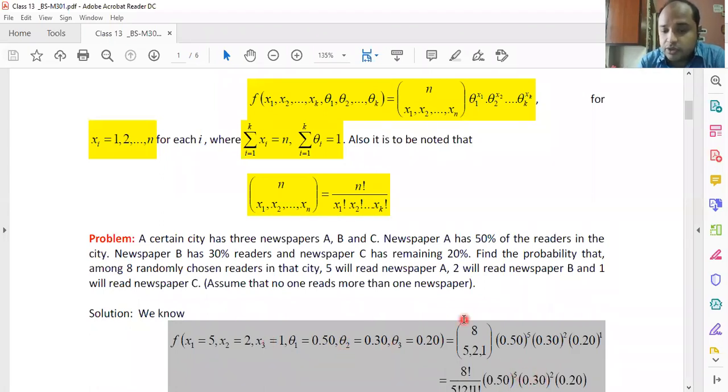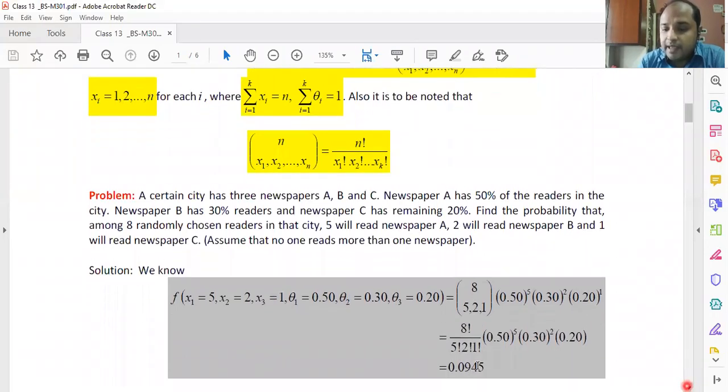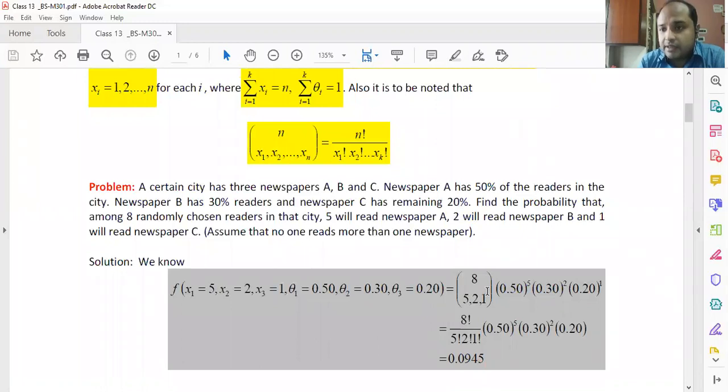And since 1 has probability 0.20, 0.20 is raised to the power 1. Correlate this yellow marked formula with this gray marked calculation, and you will understand. Thus we can calculate the probability as 0.0945. So we have calculated the probability corresponding to a multinomial distribution.